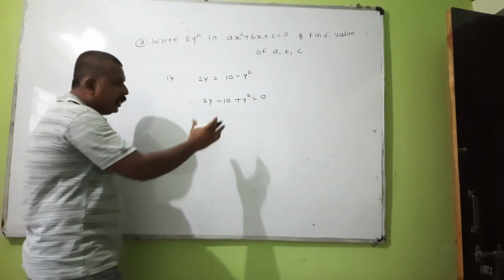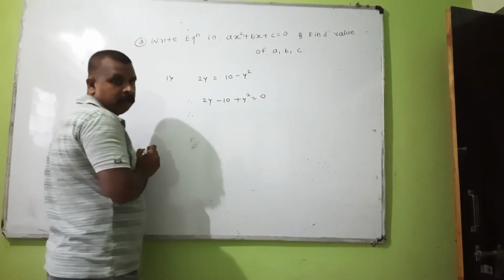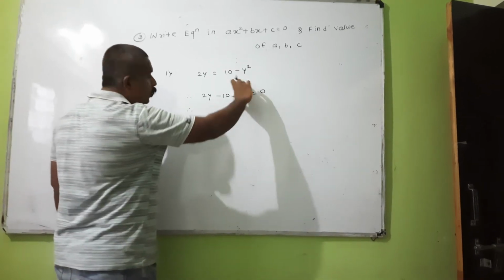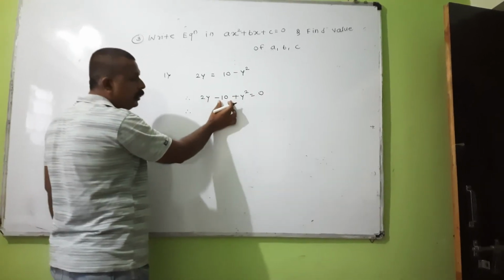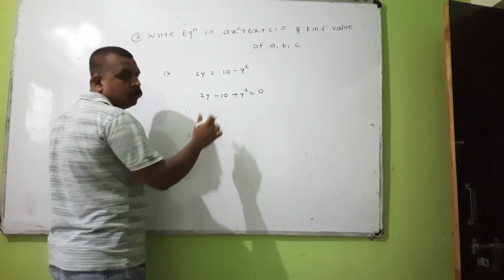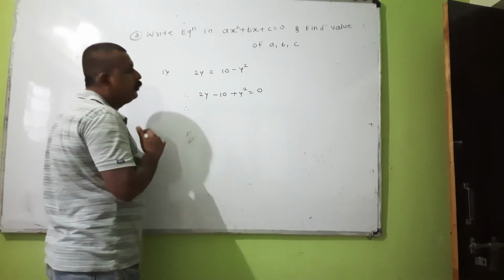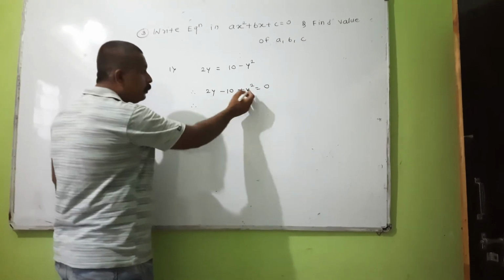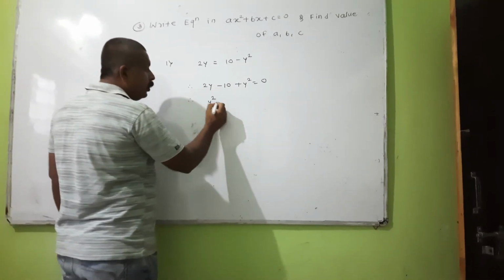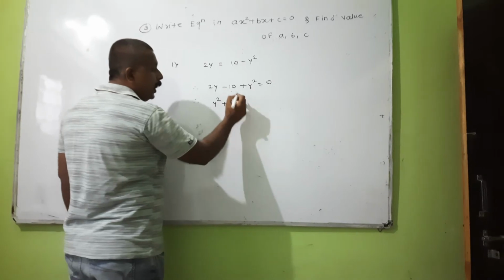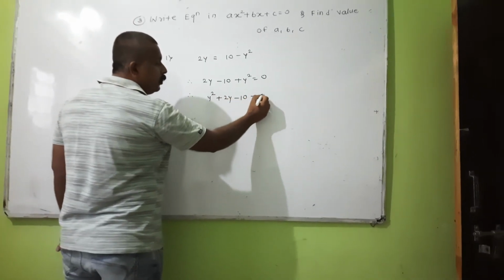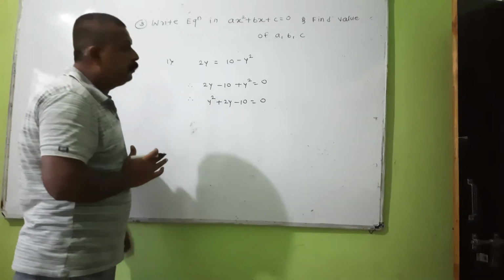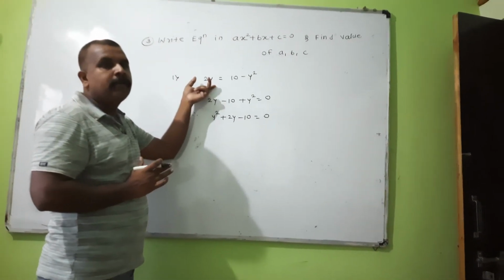After that, we rearrange the terms depending upon their degree, because this term contains the power 2, this term contains the power 1, and this term contains the power 0. With respect to the power of each term, we arrange the terms in descending order. So the first term will be y square, the second term will be 2y, and the third term will be minus 10 equal to 0. Now this is the standard form of this equation.